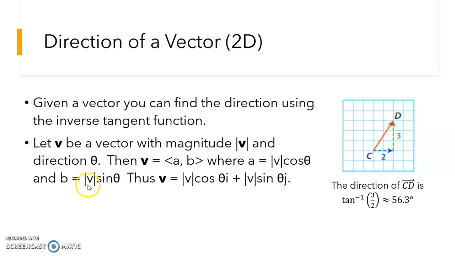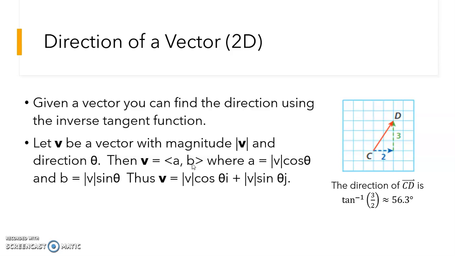And if I do my magnitude times the sine of the angle, that will get me my y component, or the vertical component. And that should make sense because in the past, cosine represented an x value and sine represented a y value. So that's why we use them for horizontal and vertical components.